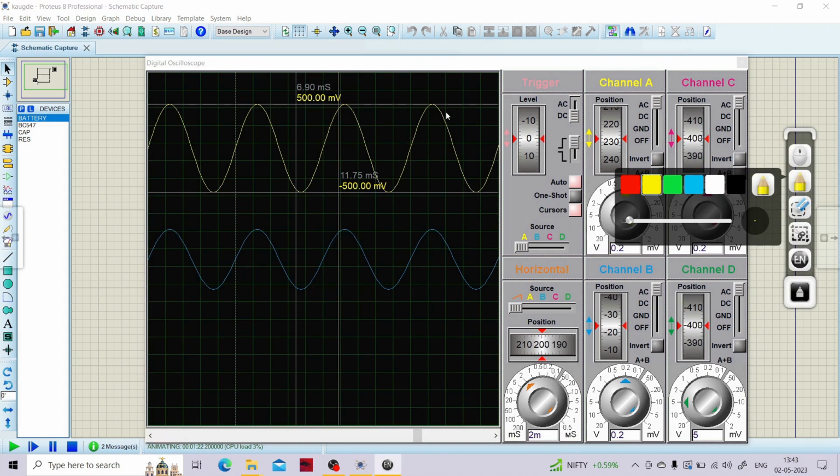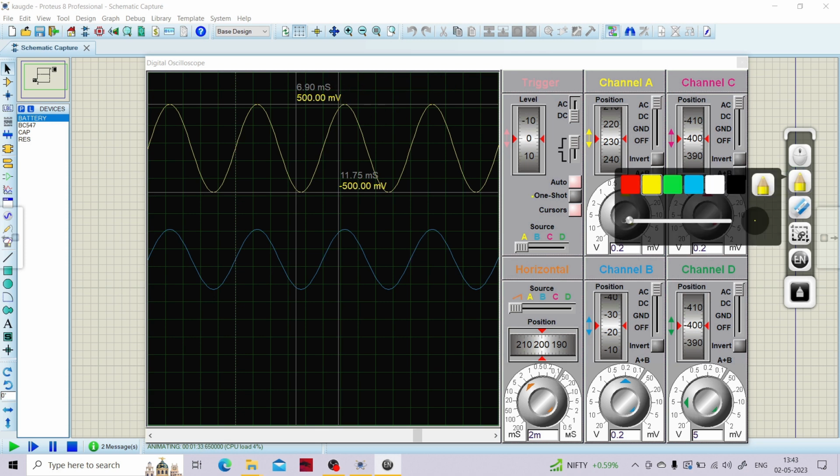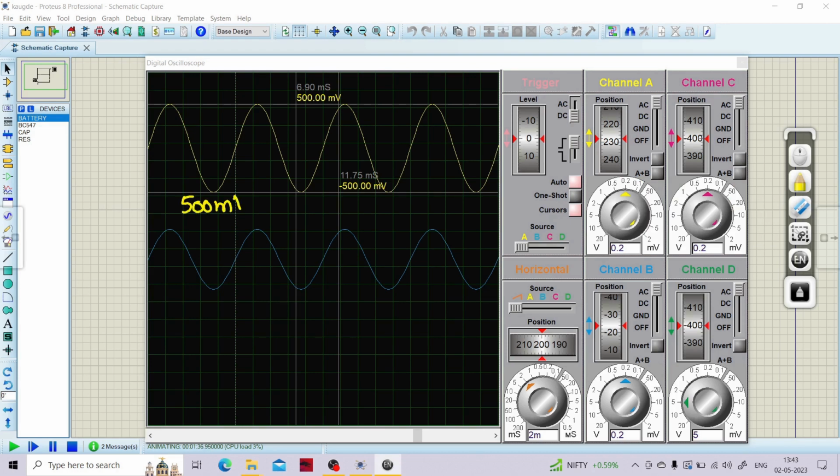This is 500 millivolts, and then we have to subtract minus 500 millivolts.